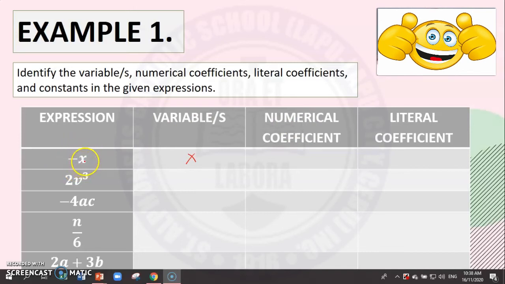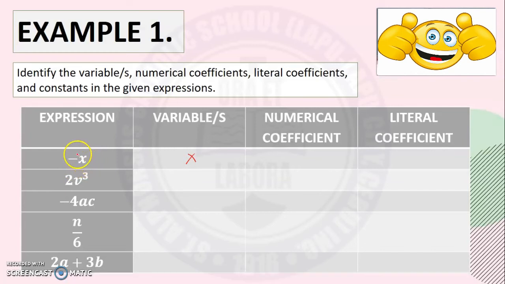But if this is the case, it is understood that there is 1 as its numerical coefficient. So, we have now the negative 1x. Now, let's determine its numerical coefficient. We have the number negative 1. Do not forget the negative sign.